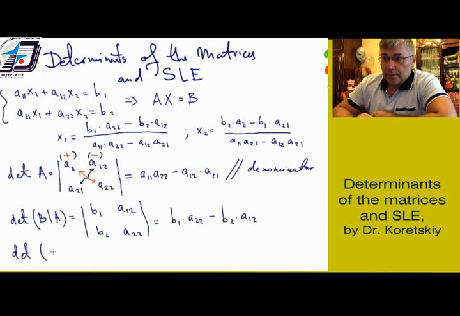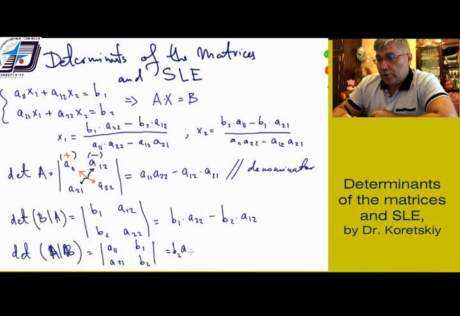So the determinant of the matrix AB, I denote here, equals the determinant where I still put the same elements as the first column, and the second column I have to change by B1, B2. And the determinant of this matrix gives B2 times A11 minus B1 times A21.